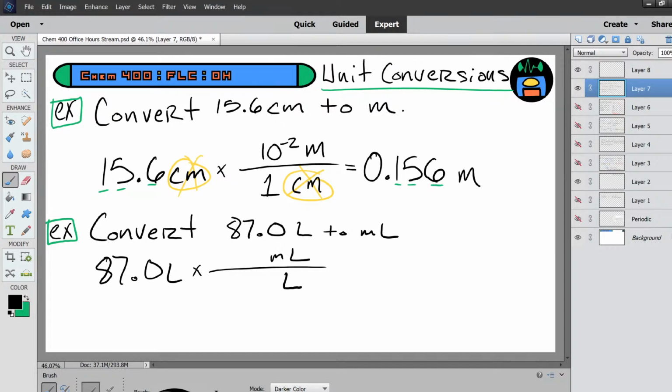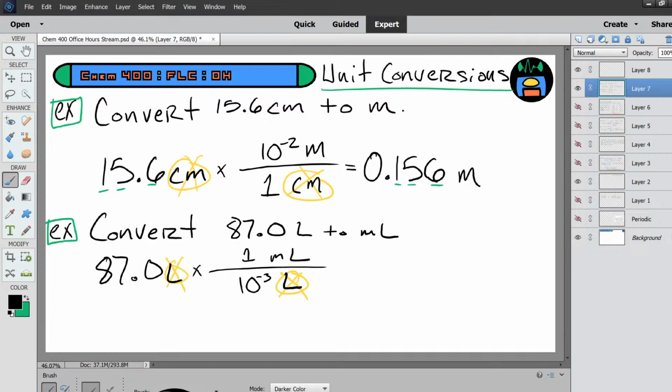Because we want liters to cancel. And milli is 10 to the negative third. That tells you that 1 milliliter is 10 to the negative third liters. All right? Liters here cancel.